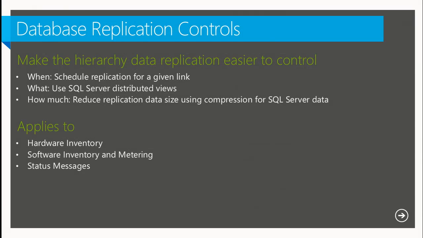You can choose to use distributed views. Of course, that would mean that the link has to be reliable because the data is not going to be replicated at all. It relies on these two sites being able to talk to one another. And you can apply a switch for compressing the data before it gets sent.